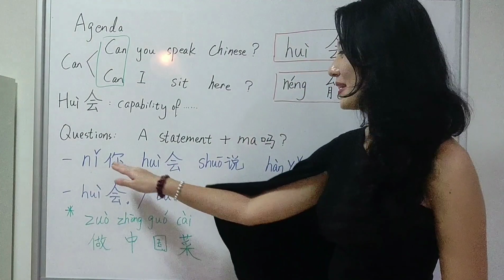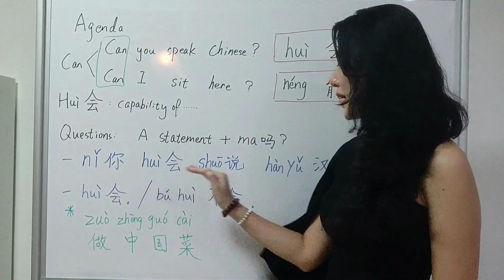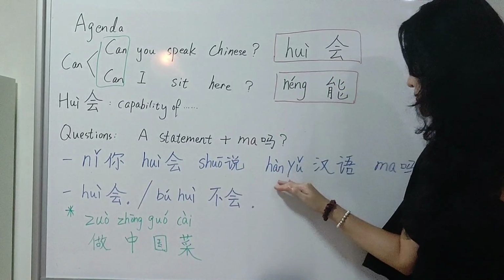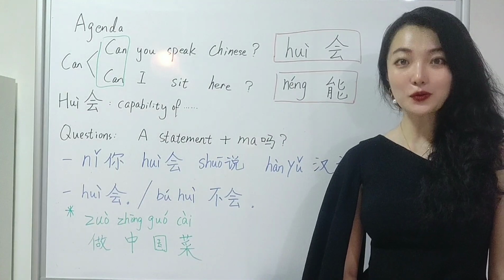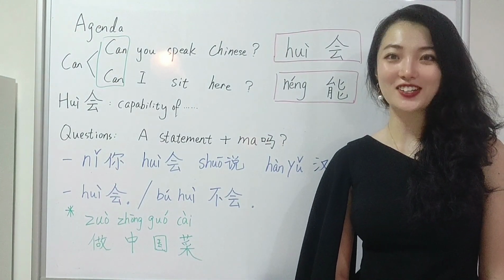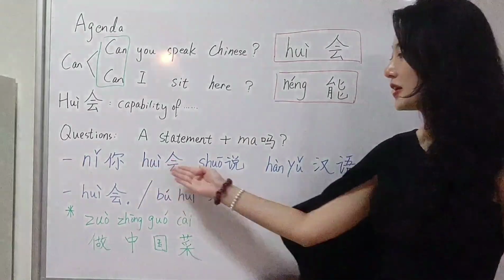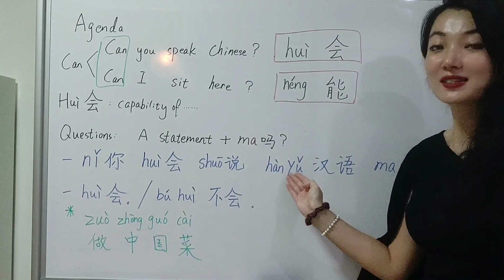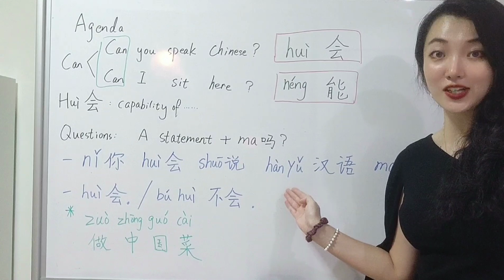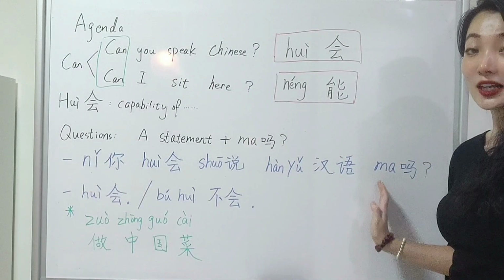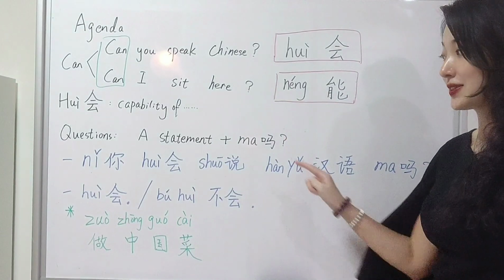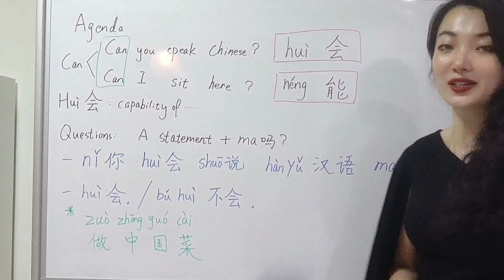Let's have a look. 你会说汉语吗？ Can you speak Chinese? 你会说汉语 is the statement here. You can speak Chinese. When you add ma at the end, that automatically turns this statement into a question.